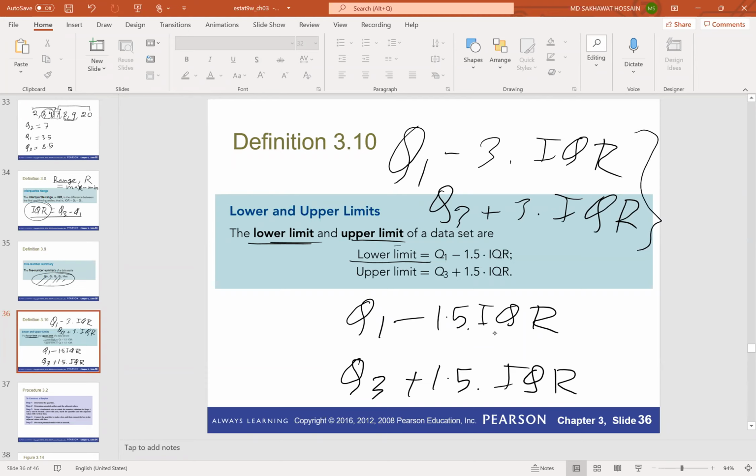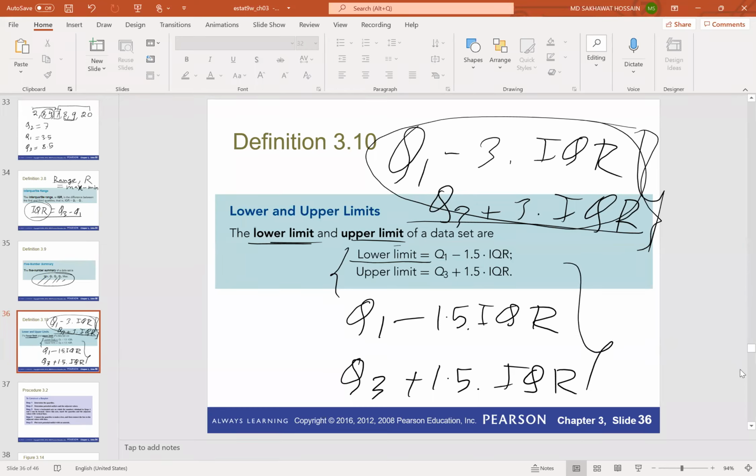We calculate this one to determine extreme outliers. We need these two pieces of information, lower limit and upper limit, to determine the outliers in the dataset. But if you want to determine which outliers are extreme outliers, like extremely far away from the data, you need to calculate these two numbers. Okay, but usually we calculate the first two numbers to determine outliers.